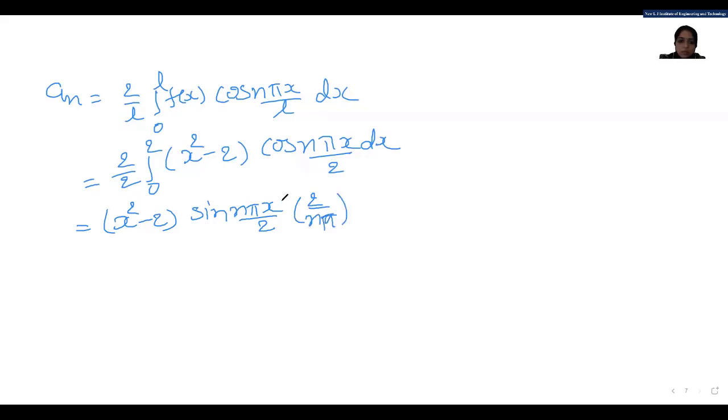Students, again, please see carefully. The integration of cos is sine, theta will remain same. So sine n pi x by 2 upon n pi by 2. Instead of writing n pi by 2 in denominator, I put 2 upon n pi in the numerator.